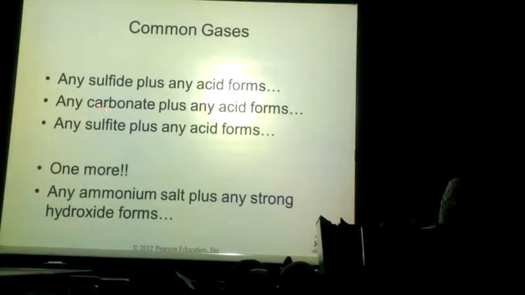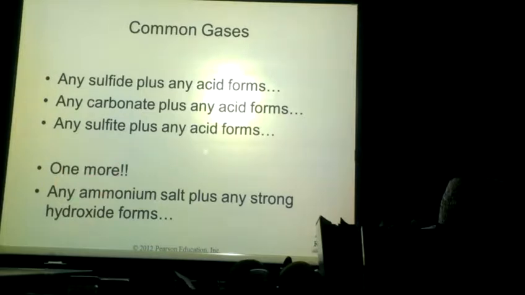On the next one, any carbonate or bicarbonate, plus an acid is going to form 3 different products. It's going to form carbon dioxide, water, and salt. Any sulfite will act very similarly to a carbonate in that it will produce water and salt, but it's also going to produce SO2, okay?